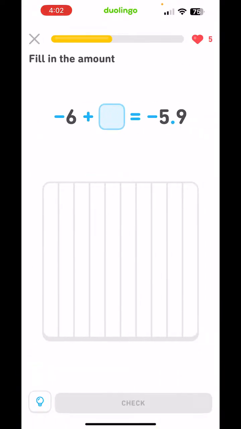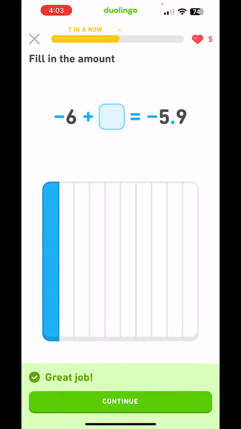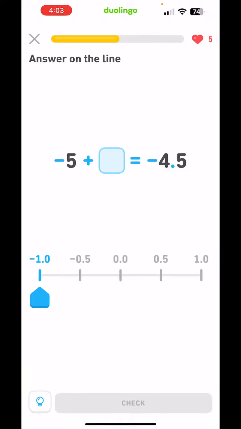Negative 6 plus x equals negative 5.9. So based off of the last lesson, I would say that this is also 0.1. All right. Now here is where I struggle, because I would say positive, then the answer is negative. I'll say negative, the answer is positive. So we have negative 5 plus x equals negative 4.5.